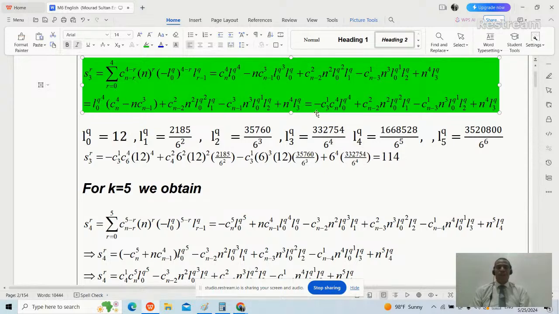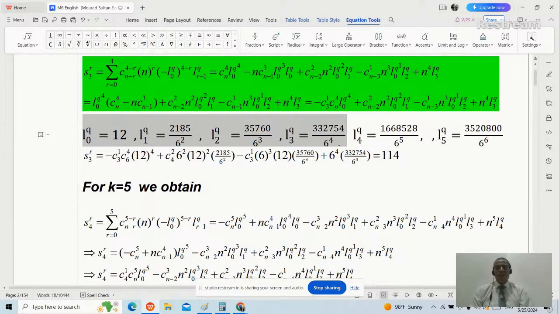We said that there is a common factor here. This common factor, and what is written inside the brackets, is in fact equal to negative 3 times combination n choose 4 times L0 of order Q raised to the power 4, plus combination n minus 2 choose 2, n square, L0 of order Q square times L1, minus combination n minus 3 choose 1, n cubed L0 of order Q, L2 of order Q, and the last term is plus n raised to the power 4 times L3 of order Q. Now learners, this is the formula after simplifying and setting k equal to 4.